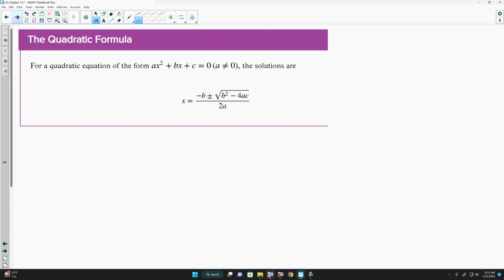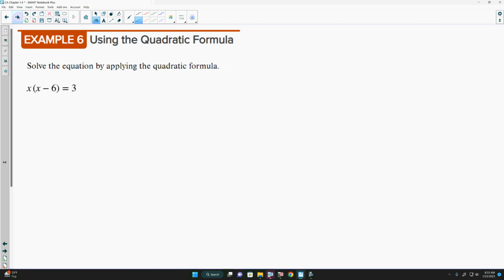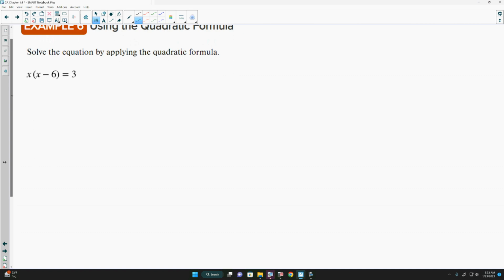The only other one that we have is the quadratic formula. Quadratic formula is the nicest one out of the group because once we get ax squared plus bx plus c equal to 0, we just plug a, b, and c into the formula. So this one we'll solve using the quadratic formula.